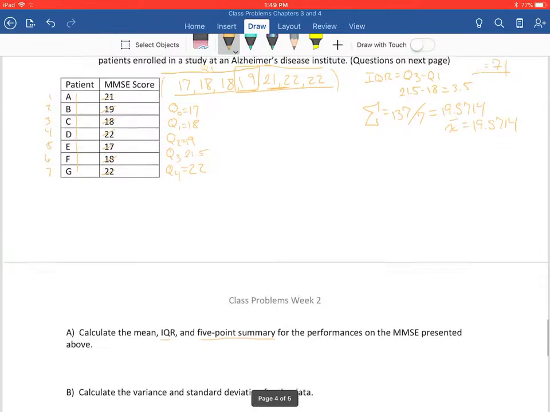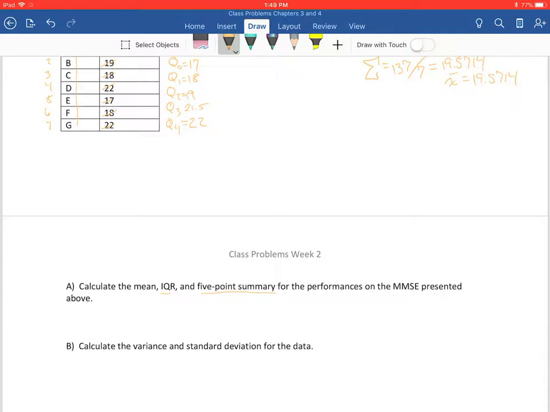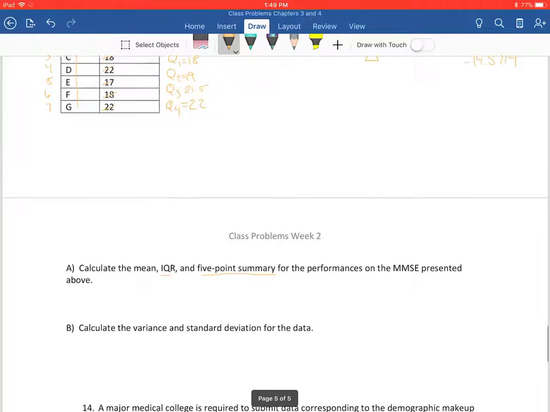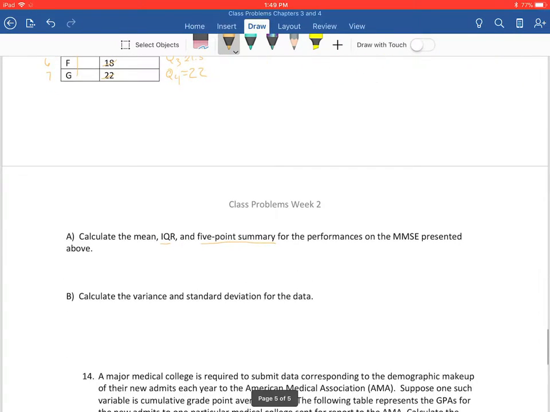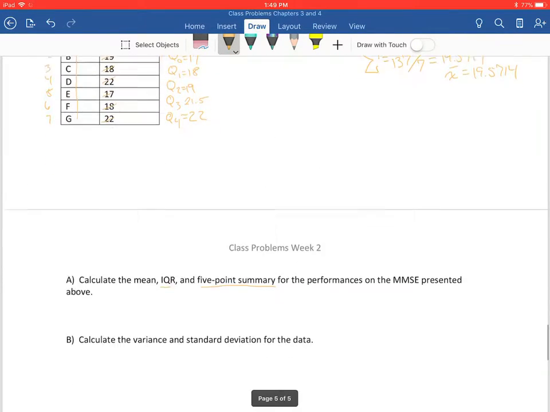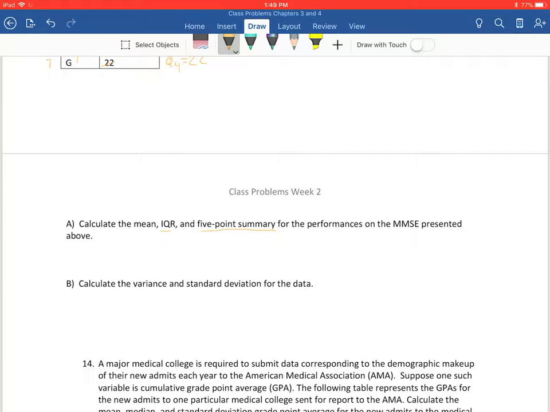I put all the information you need for part A up here. The next part says calculate the variance and standard deviation for the data. So I'm going to put the standard deviation equation here by the problem: standard deviation s is equal to the square root of 1 over n minus 1 times the sum of x sub i minus x bar, squared.